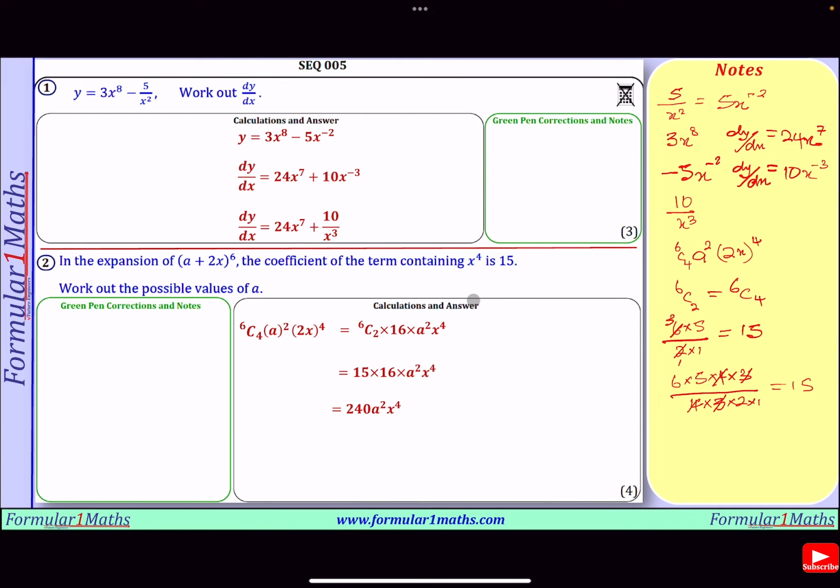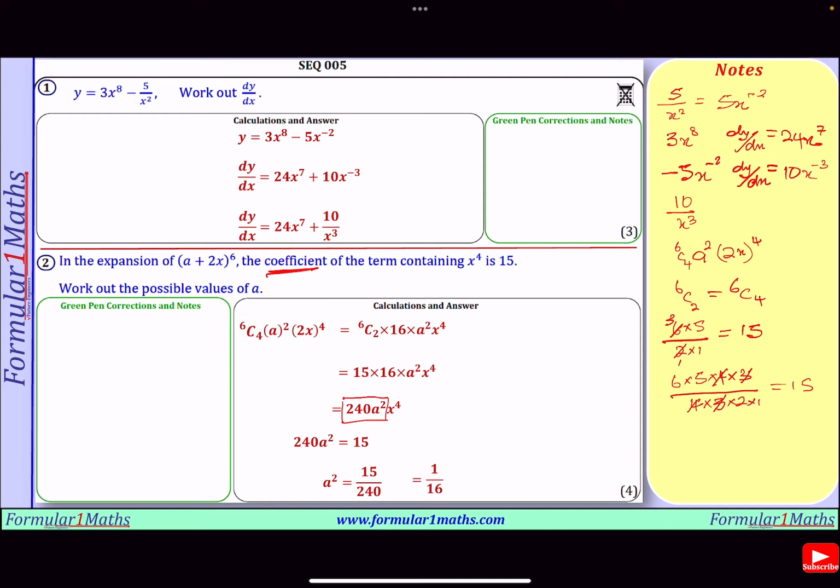But we are told that the coefficient of the term containing x to the power 4 is 15. And the coefficient of this term is this here, and that's the coefficient of the x to the power 4. And this is the one that will be equal to 15 as follows. Then we rearrange to get a squared is equal to 15 over 240.